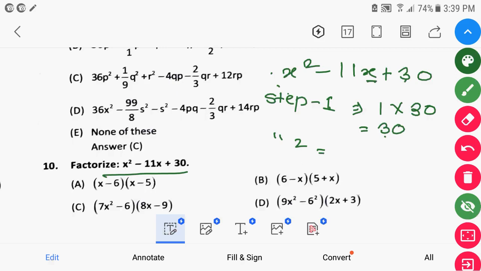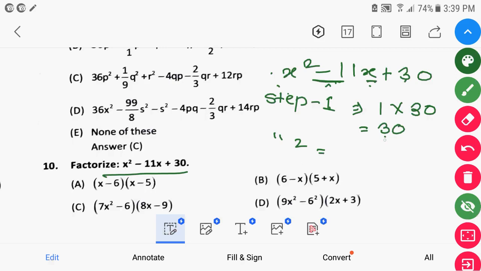What is the coefficient of x? 11, but it is a negative number. We learn one condition, that if the coefficient of x is negative, then one of the factors is negative, or both the factors are negative.